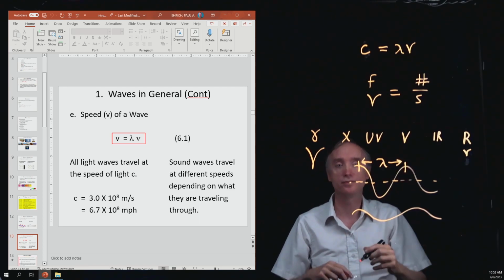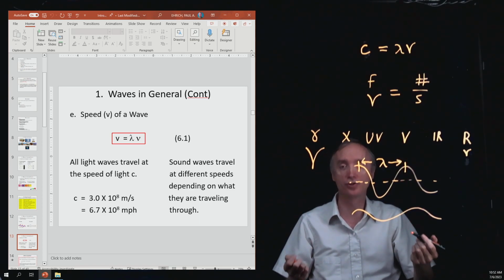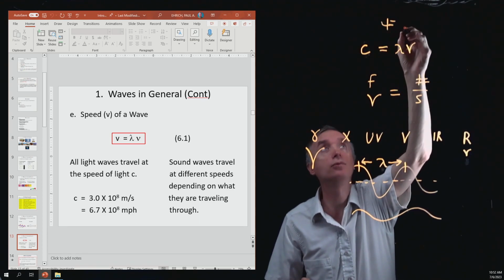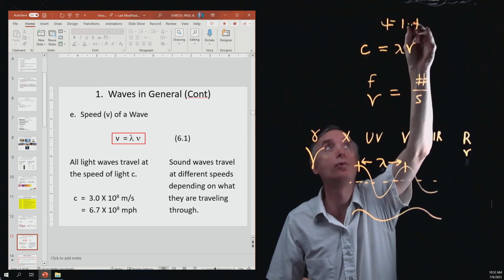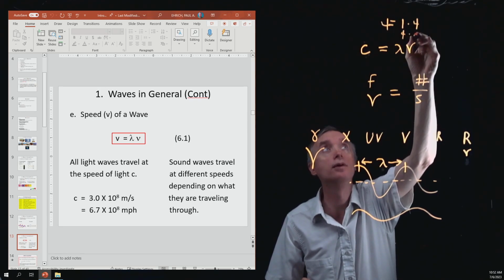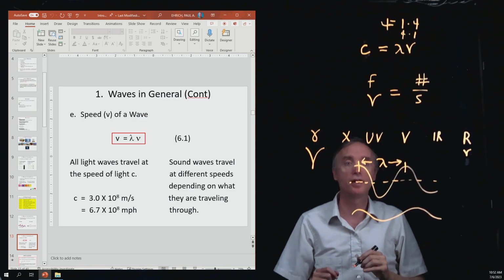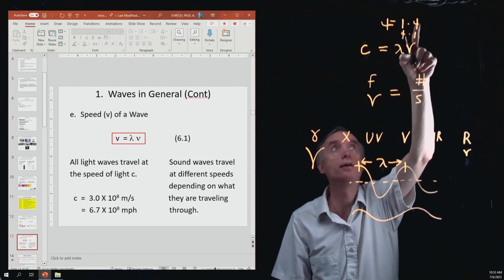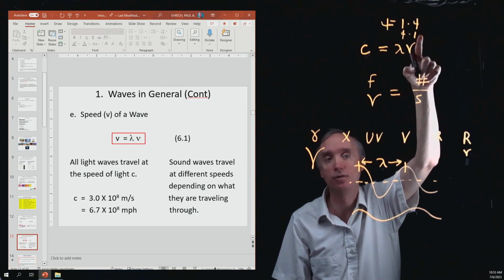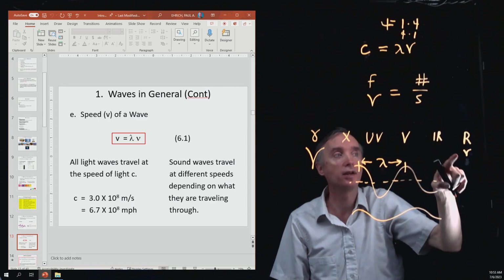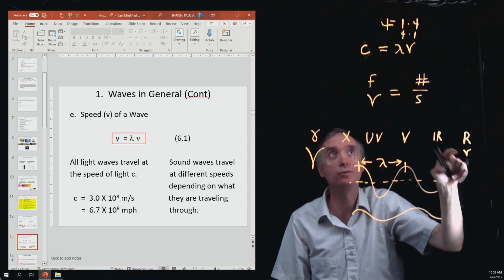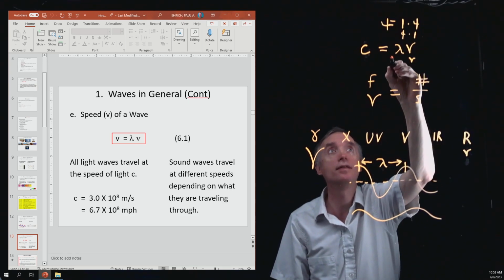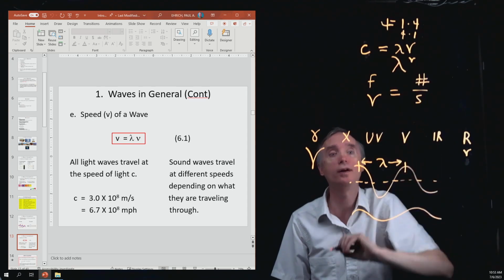Now notice, this is something you should remember from algebra: let's say that 4 is equal to 1 times 4, but it's also equal to 4 times 1. That would mean that if one number gets larger, the other number has to get smaller in order to compensate. So here we've got small frequencies for radio waves. That must mean that they have large wavelengths.